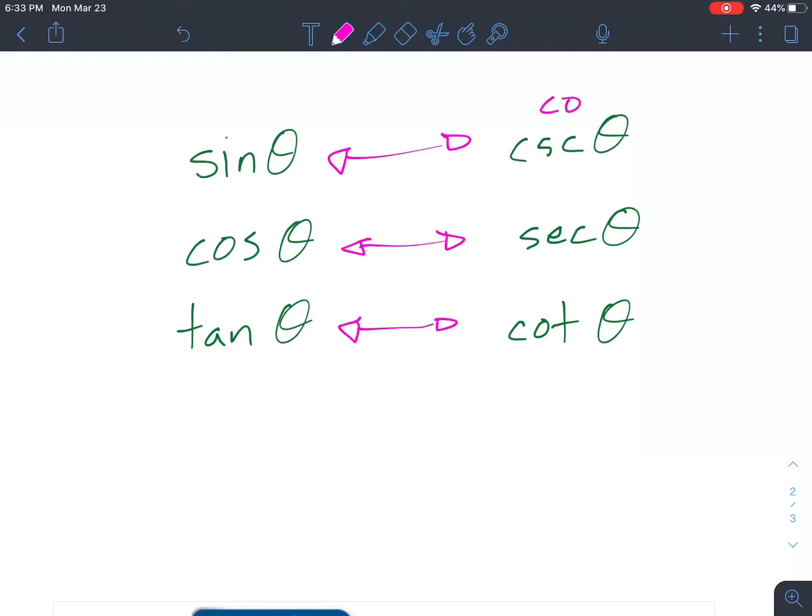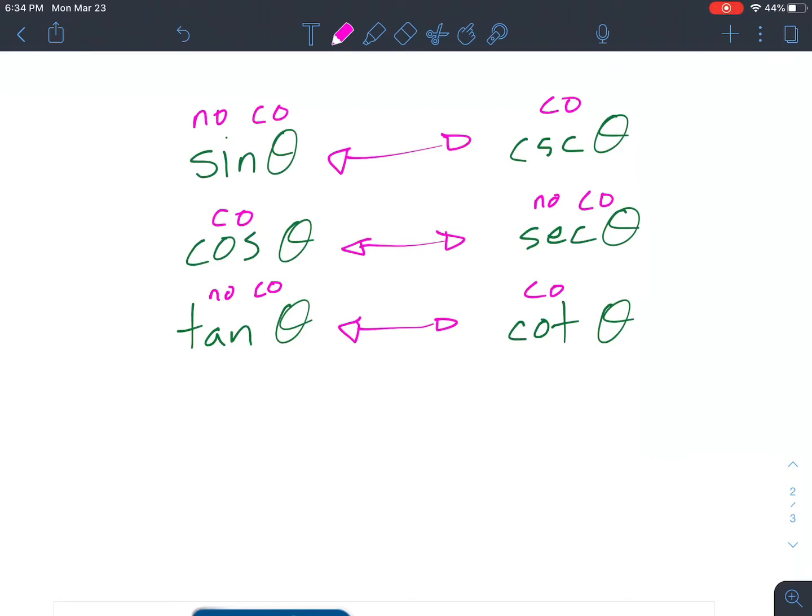Cosecant has a co. Sine has no co. Cosine has a co. Secant has no co. And then the last one is super easy. Tangent, no co. Cotangent, co. And that's what I want you to use to remember the relationship between these.